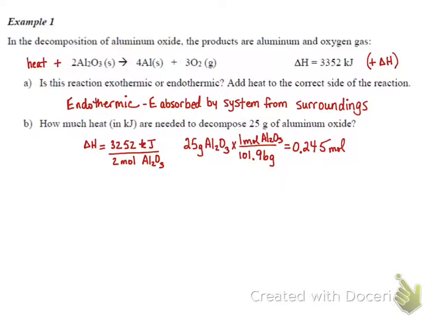So the information that we're given is that the delta H is 3352, that should be a 3 right there, 3352 per 2 moles, again, because of the 2 here. And then converting aluminum oxide, 25 grams, divided by its molar mass, gives us 0.245 moles of aluminum oxide.